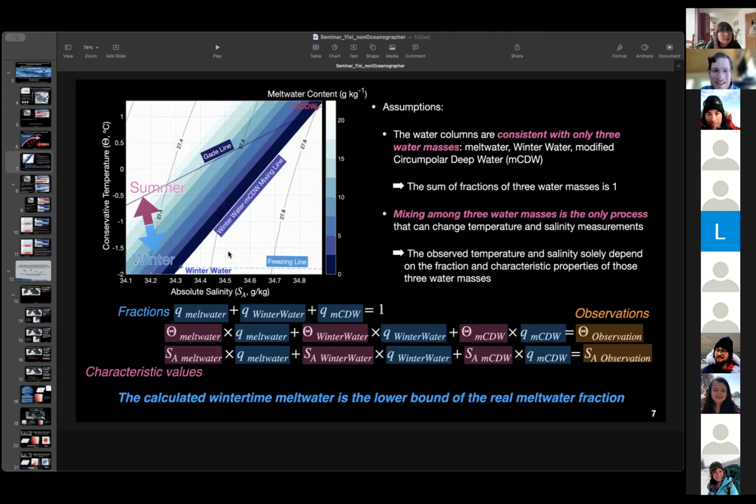But the meltwater is definitely affecting the sea ice formation in a way that, because meltwater is relatively fresh, when it rises to the near surface, it's going to create a very buoyant near surface layer, making the water more stratified.